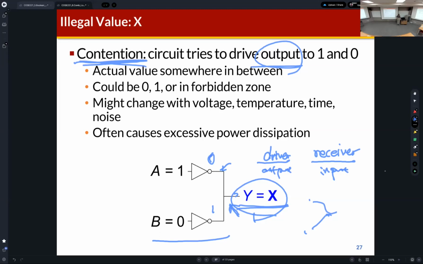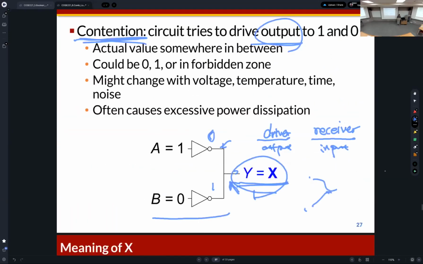Usually if you observe X in the circuit, it represents that this circuit does not work properly. Okay, X means contention.